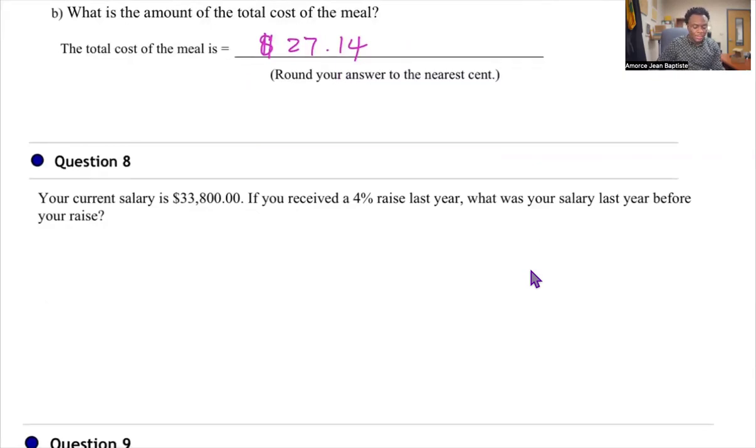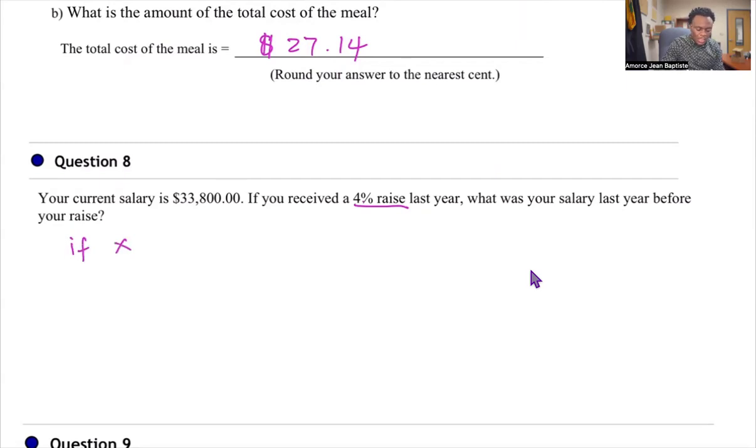Your current salary is 33,800. If you received a 4% raise last year, what was your salary last year before the raise?